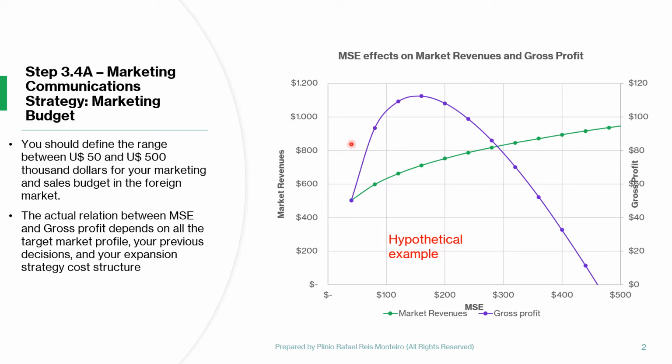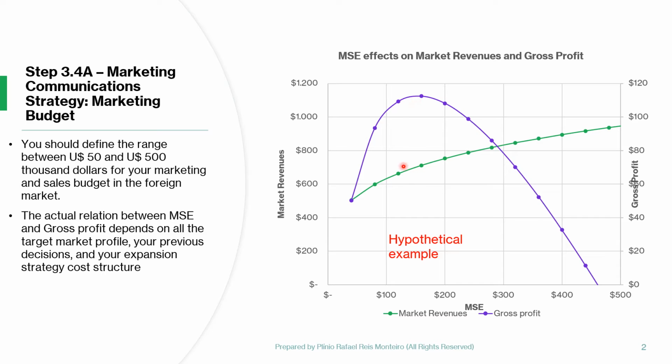But let's think about the gross profit, that is, how much money you will receive after paying the basic costs of your business. And what happens to that? Since you start investing more money in marketing, we'll have a cutoff, a break-even point, where the profit for your business will be maximum.